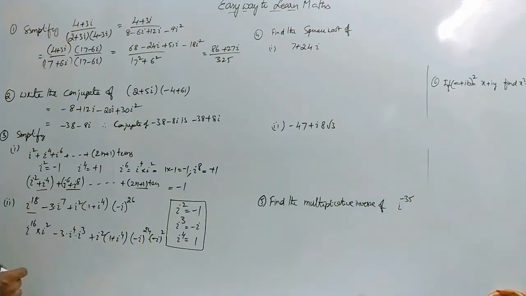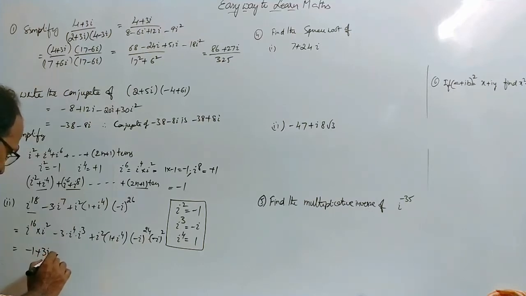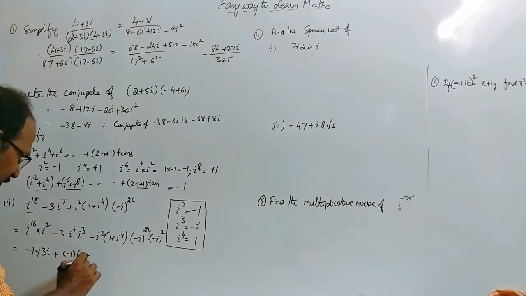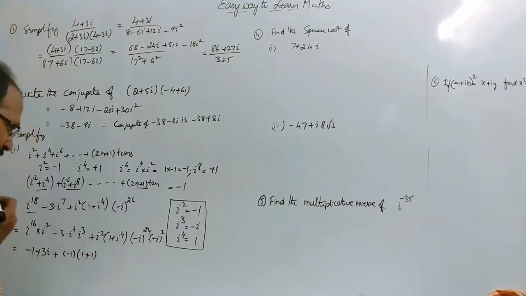Now let us simplify. Here i power 16 can be written as i power 4 whole squared. Therefore it becomes 1. Here i squared is minus 1. Therefore that is equal to minus 1. And here i power 4 is 1 and i cubed is minus i. Therefore here it becomes plus 3i. And here i squared is minus 1, so minus 1 into (1 plus i power 4), and i power 4 is 1.